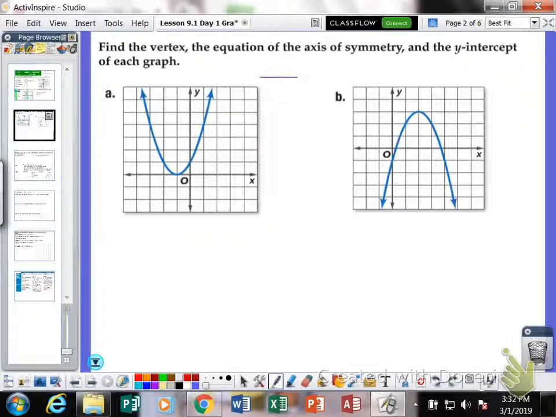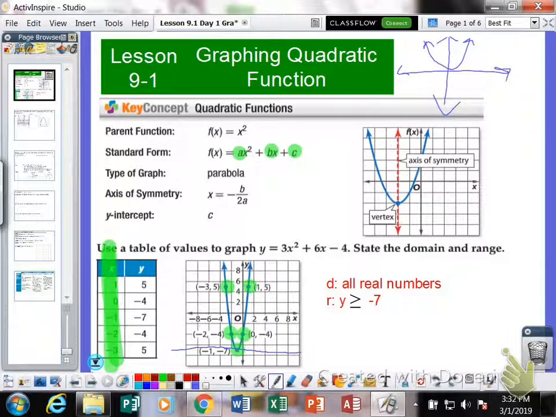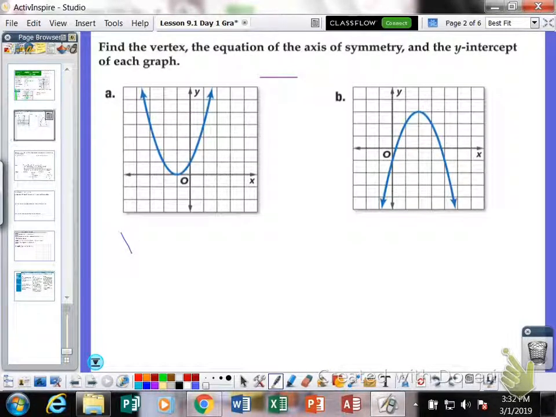Find the vertex, the equation of the axis of symmetry, and the y-intercept of the graph. To find the vertex, we're looking basically for this axis of symmetry. So we want to say x equals negative b over 2. Sorry, I can't use that yet because we don't have the formula. I apologize. What we want to look for is the axis of symmetry, which is right here.